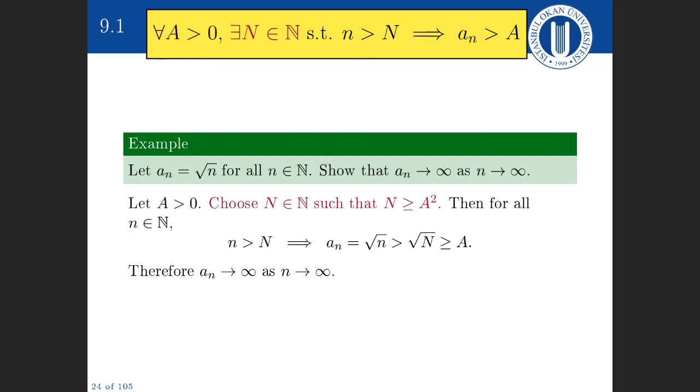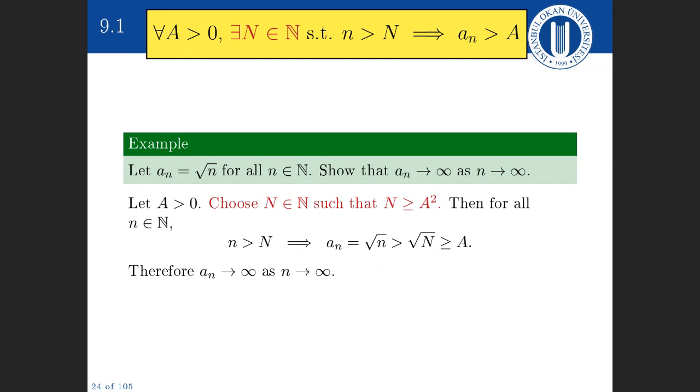The second part of the definition is there exists capital N. So the second part of our answer should be about proving that capital N exists. And the way we do that is we say which capital N we're going to choose. We're going to choose a natural number capital N such that N is greater than or equal to A squared.